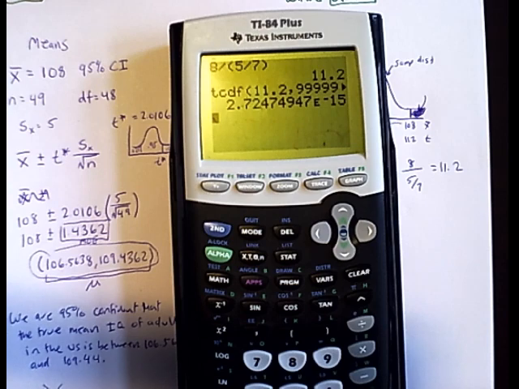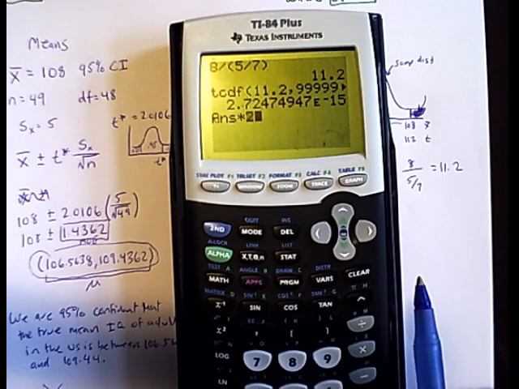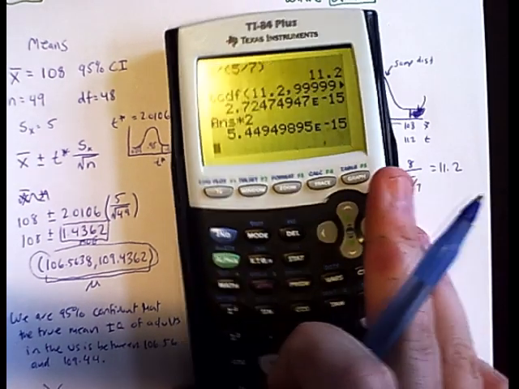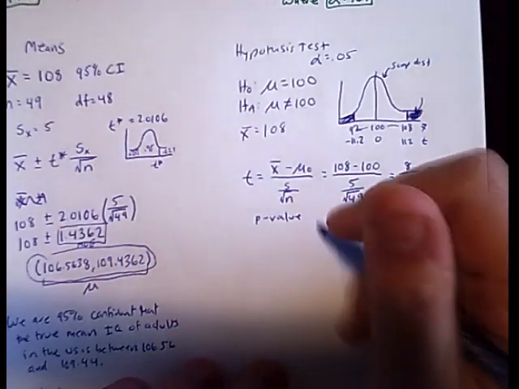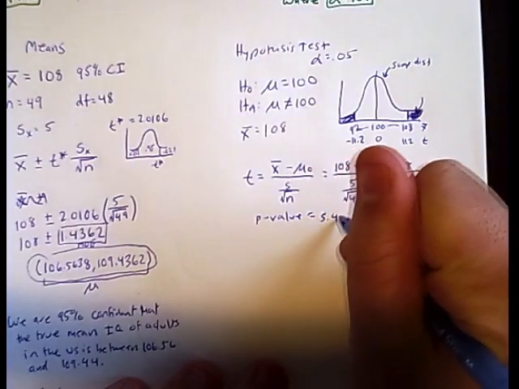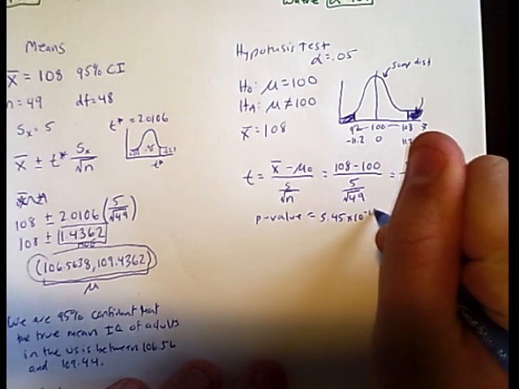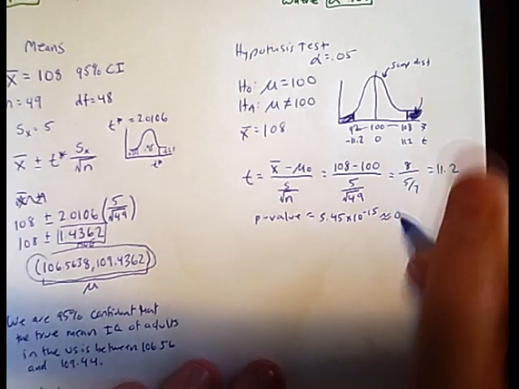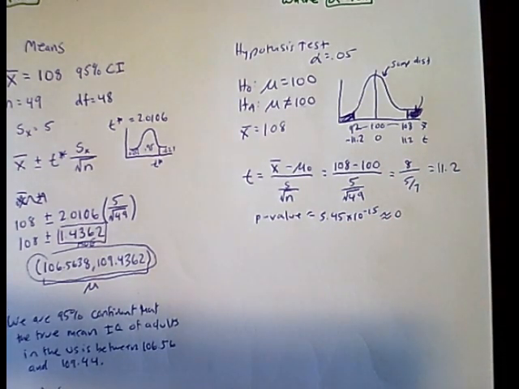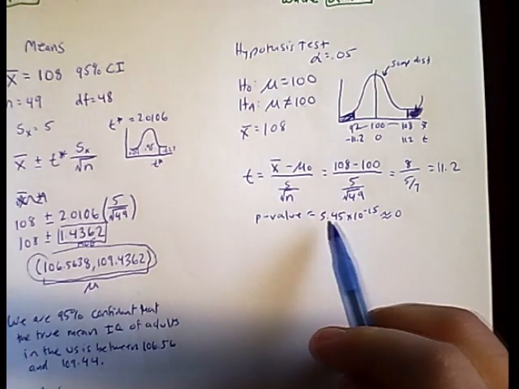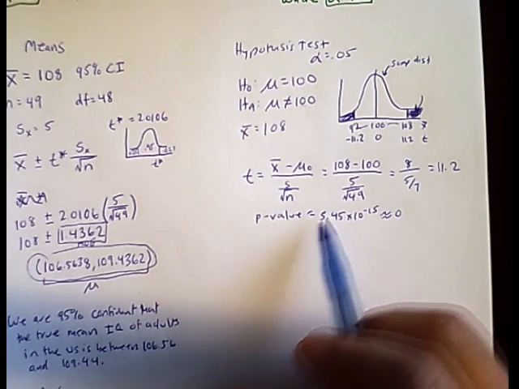Now, that's tiny. That's times 10 to the negative 15th. And you still got to double it because we have area on the left as well. That's symmetrical. All right. So the p-value is actually 5.45 times 10 to the negative 15th, which for all practical purposes is nothing. Okay, it's like a decimal point, then 14 zeros, and then a 5.